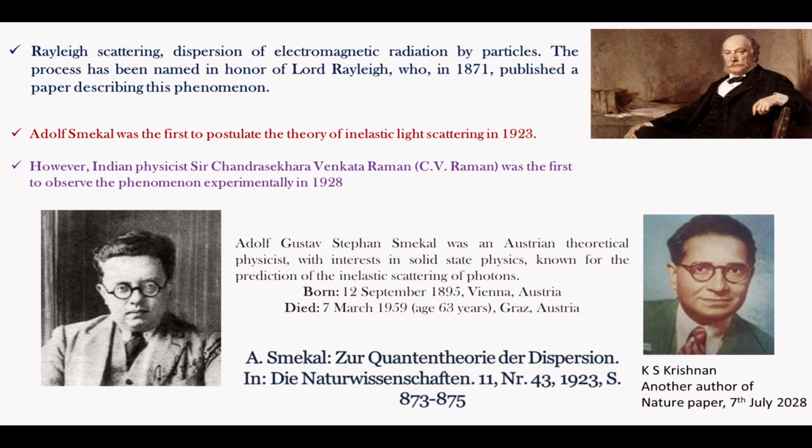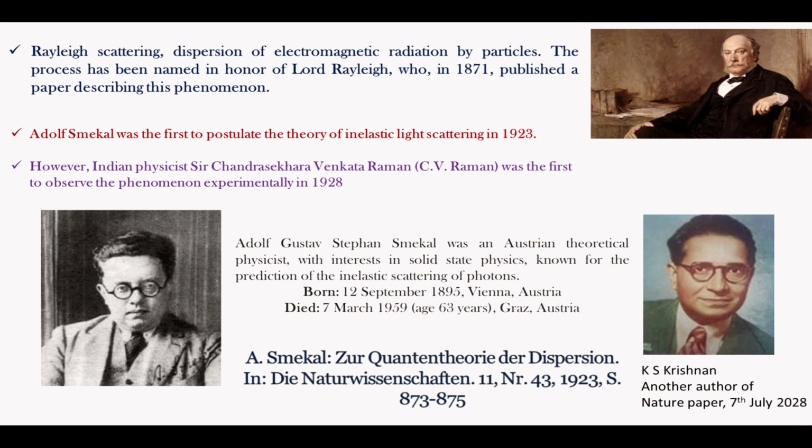scientist, in 1923, almost simultaneously, or 5 years before Raman's discovery or Raman's reporting, said that there would be inelastic light scattering. This is elastic light scattering, and Raman is inelastic light scattering.